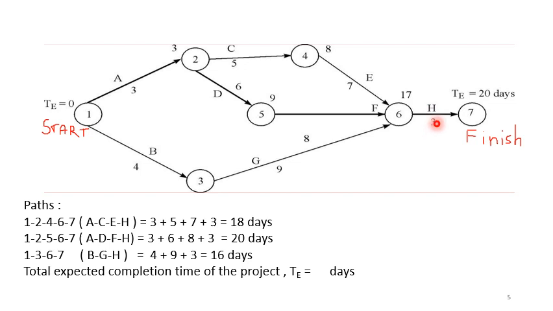So all these are written near the arrows. These represent the expected time of the completion of the activities.